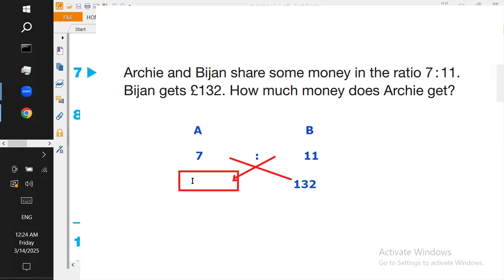I got 84. I'm missing something. 7 and 11, divide and multiply. 132 plus 84 is 216. Bijan's share is 132. Give me a second.